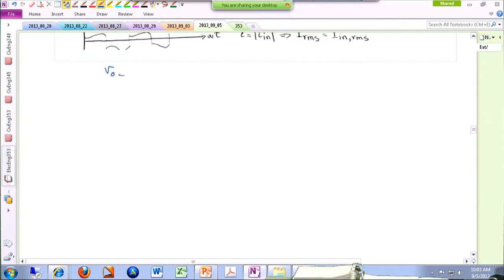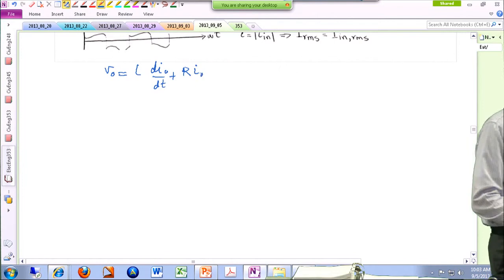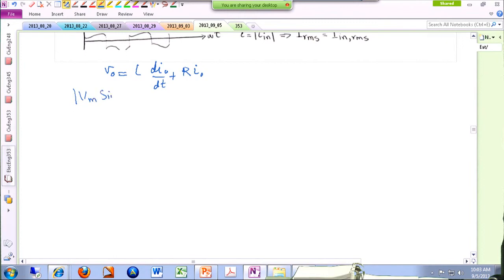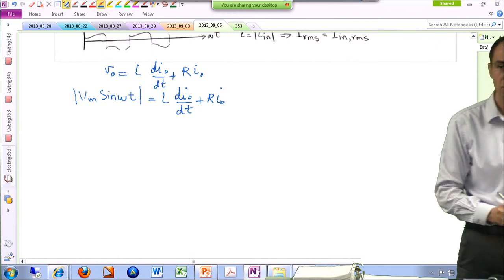V out is, all right, very simple. And V out turns out to be the absolute value of the input voltage. So we are trying to solve this.